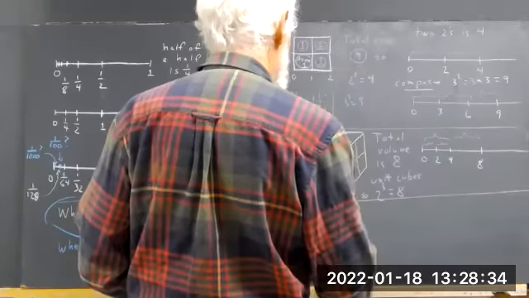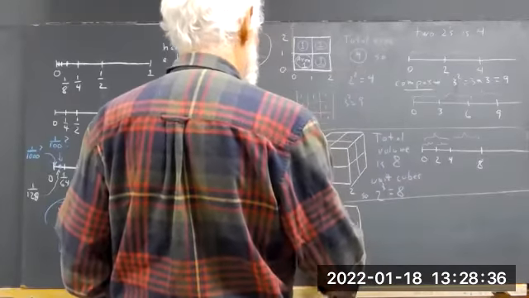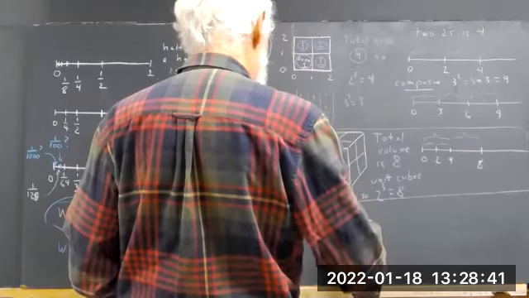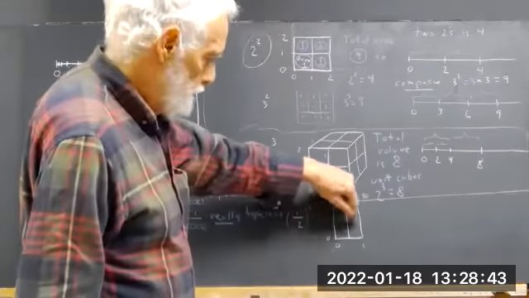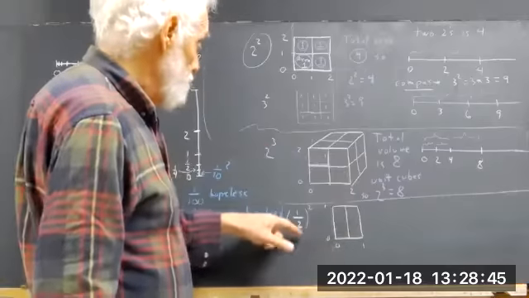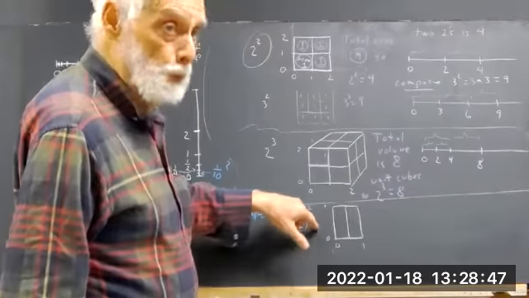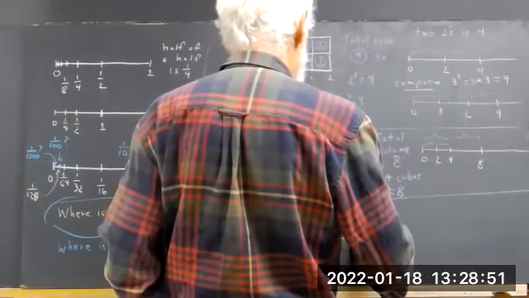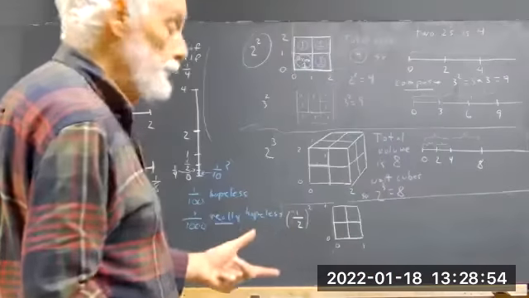We can take a unit square, 0 to 1 here, 0 to 1 here. And we can cut it in half this way. And now we've got 2 pieces. But 1/2 squared means 1/2, 1/2. So we cut it this way. And we get 4 pieces.